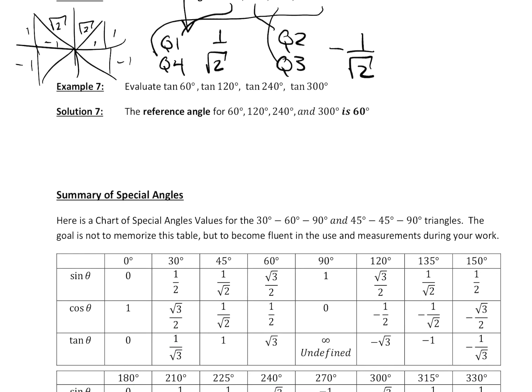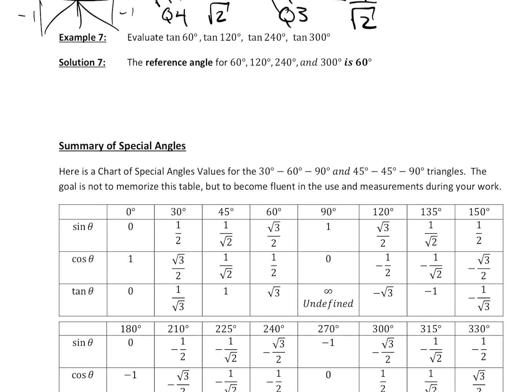And then the last example is with tangent. So we have 60 degrees. So that's 60, which means that that's going to be root 3, 1, and 2. And all that changes is what quadrant we're in, right?